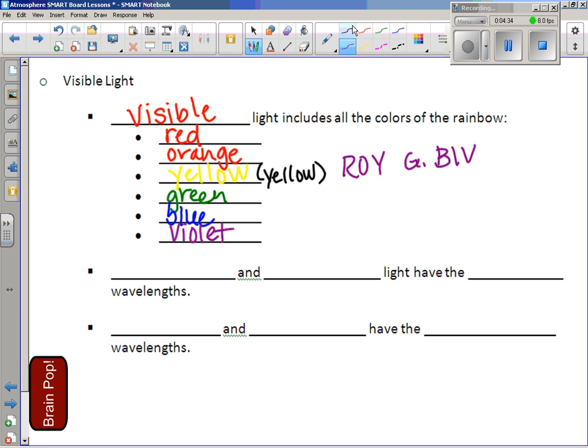Okay, so that includes indigo because you have red, orange, write this out on your paper, yellow, then you have green, blue, indigo, and then violet. Okay, so Roy G. Biv is how I always remembered it. You can still remember it that way, but know this, scientists have started to exclude indigo.